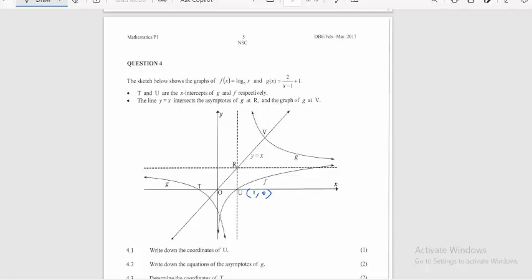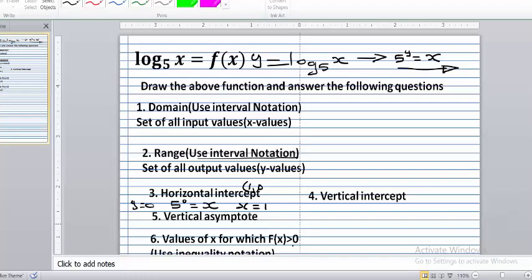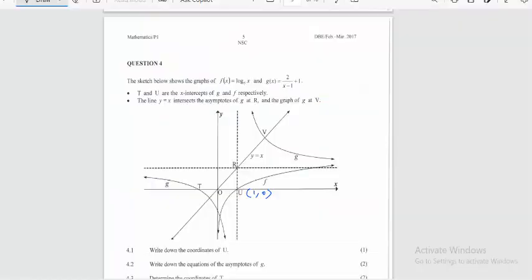As it goes to the right, it's going to infinity. It's always rising, although at a decreasing rate, but it's still going up to infinity, right?